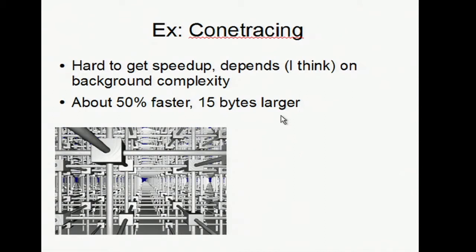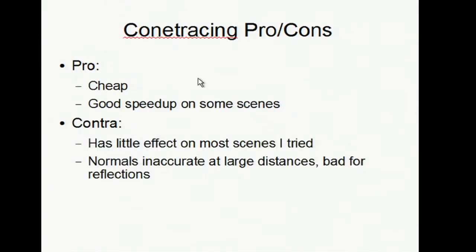So on this scene, I got a 50% speed up for only 50 bytes larger. This is the best result I got. So it's cheap, and for some scenes, I think it's really worth it. But on most scenes I tried it, it didn't really have an effect.